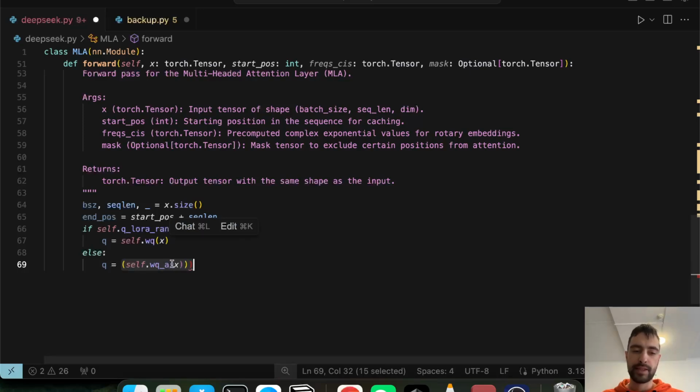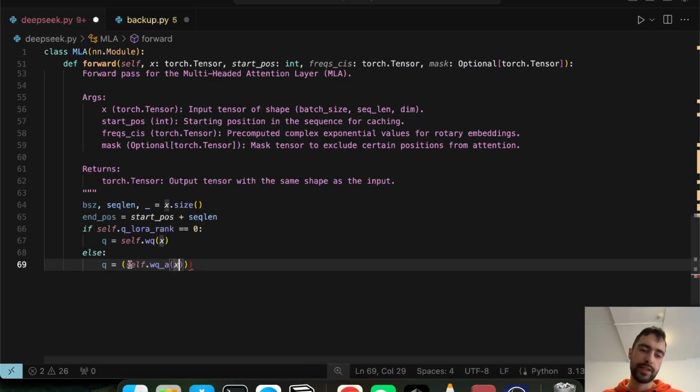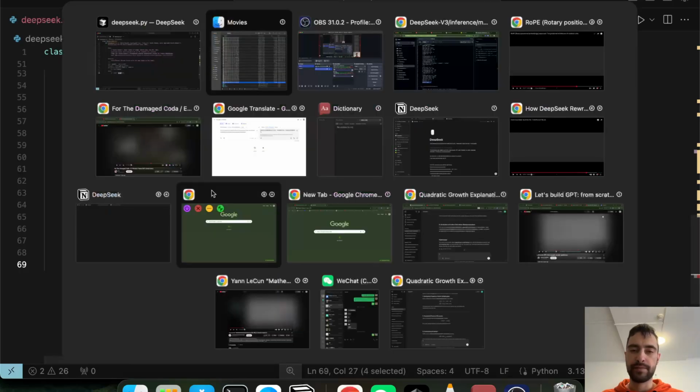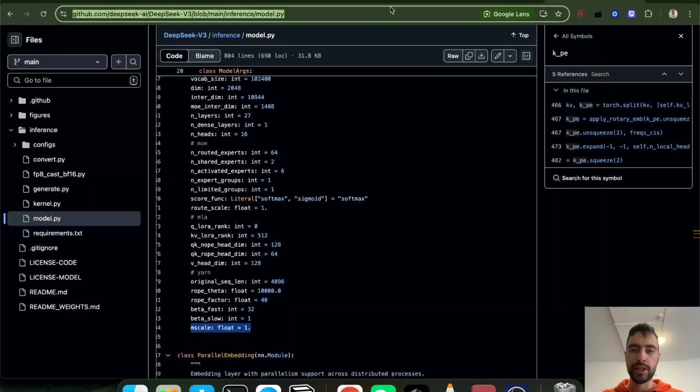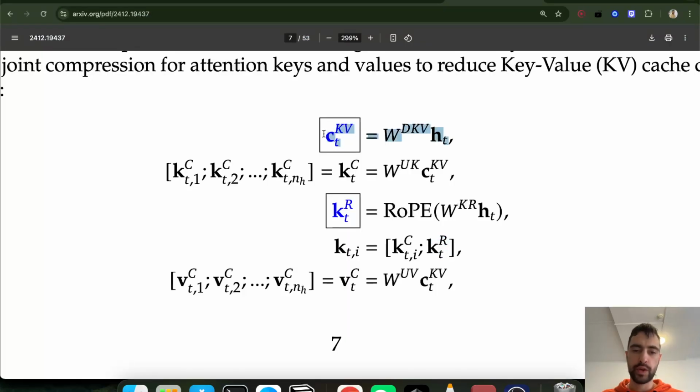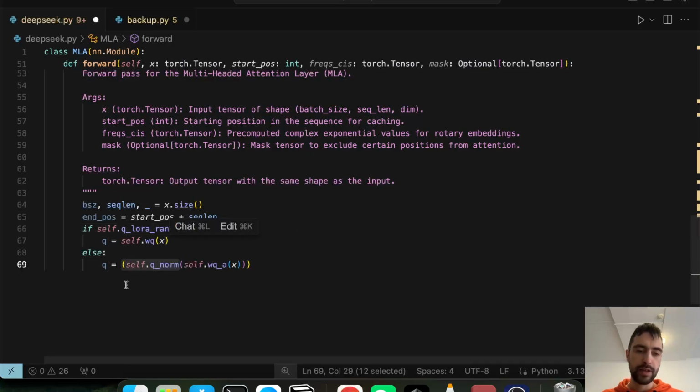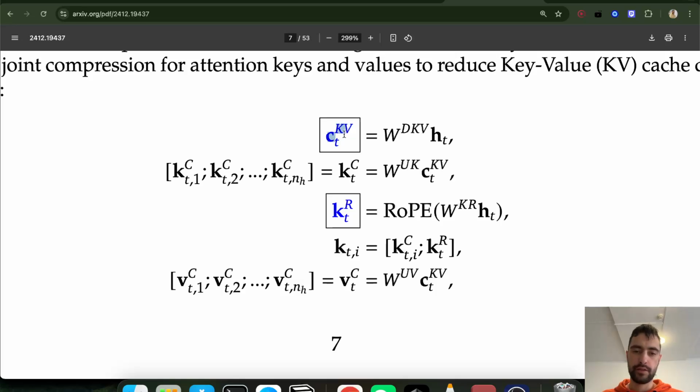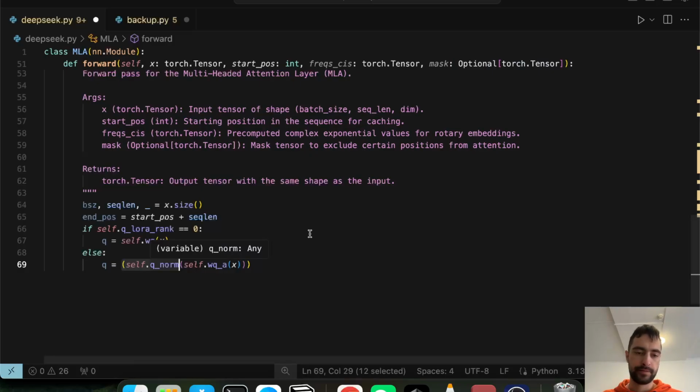First, we will pass the input, which has a batch size, sequence length dimension, so these tokens, through the first part of the equation. So that's going to be this part to get this. Then we will normalize it, so we will normalize this to have stability in the numbers and training.